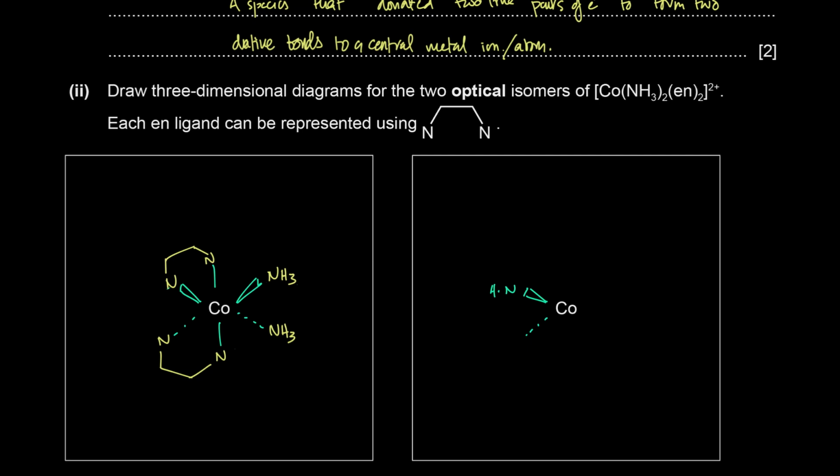That'll be NH3 and NH3, and then we have the two bidentate ligands over here. So again, the cis isomer is not symmetric. So this is what shows optical isomerism.